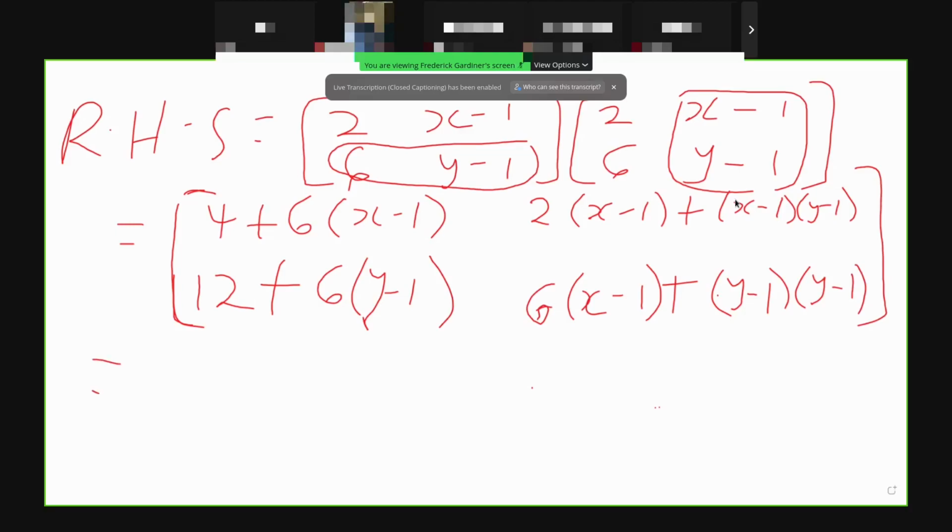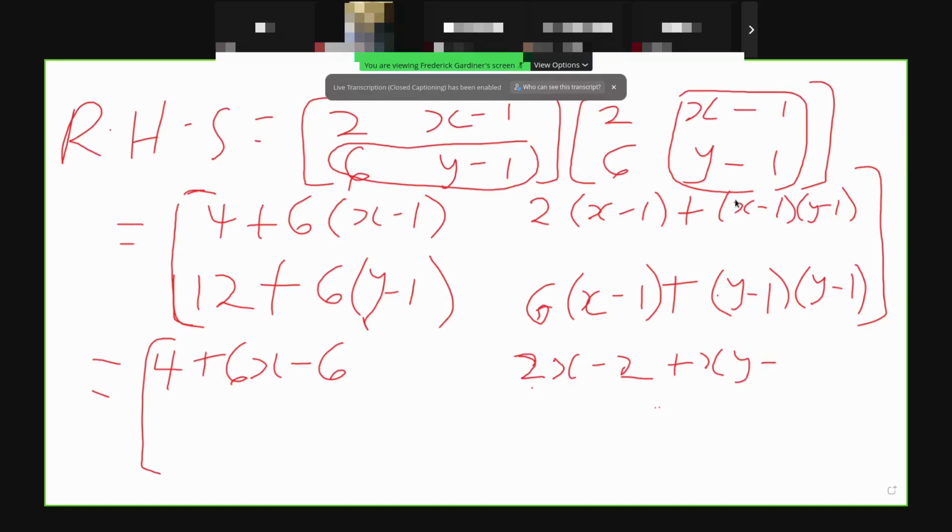So we simplify. Now, what are we going to get on the first row? We are going to get 4 plus 6x minus 6. Then the other element there is going to be 2x minus 2, plus xy. X multiplying y. Then x times negative 1 will give us negative x.